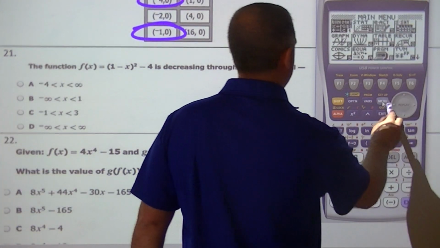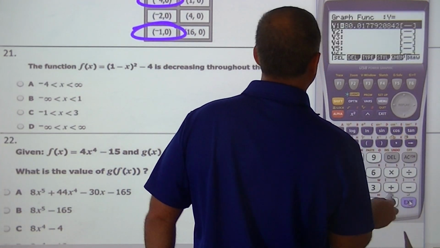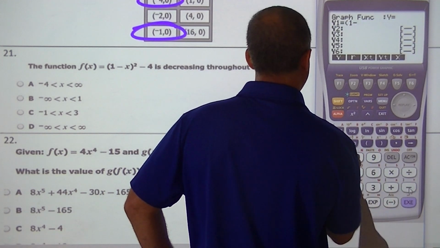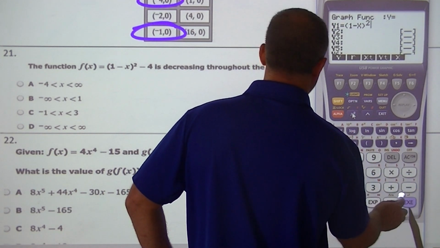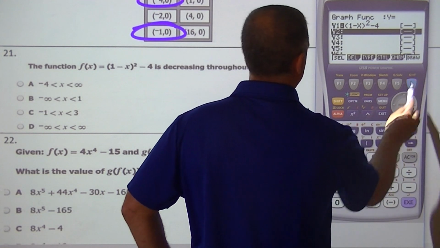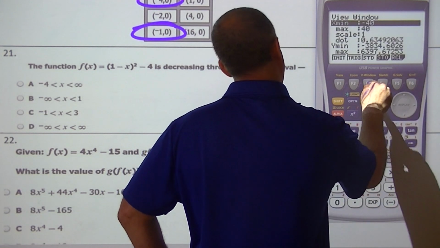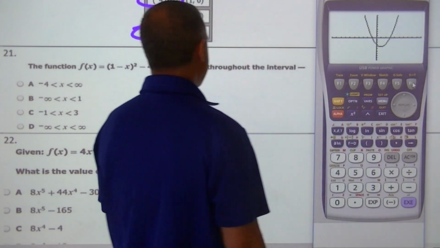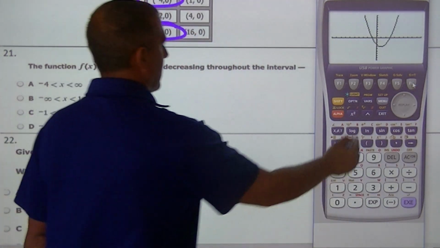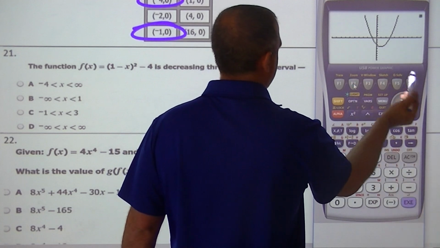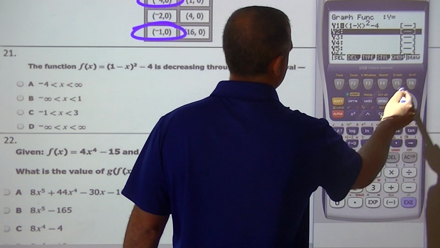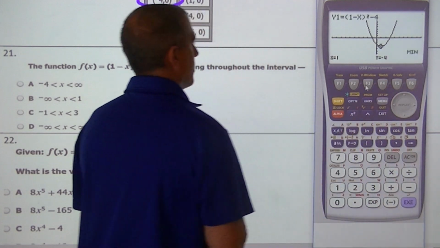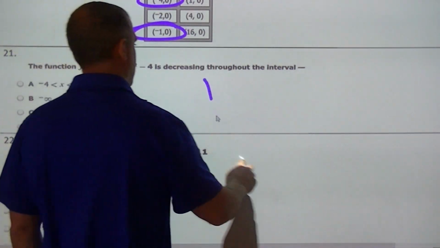Now, what I want to do for 21 is I'm going to go for this increasing, decreasing. I'm going to go to the graph. 1 minus x squared minus 4. Draw it. I'm going to hit F3 twice. Refix my window. So I've got G-Solve. I don't have a max. The only thing I have is a minimum, so I got 1, -4.